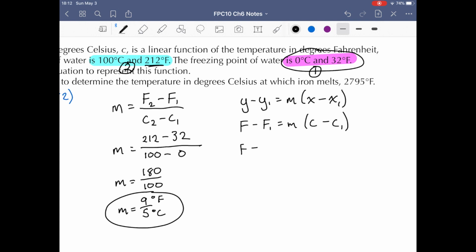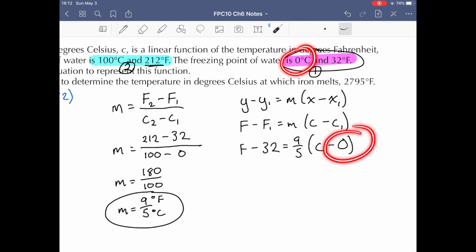Fahrenheit minus 32. Notice how it is positive 32 here, so now it's negative 32 here. Equals 9 over 5 times Celsius minus 0. We have 0 here, so it's 0 here. Now 0 is neither positive nor negative, so we just put 0 in.